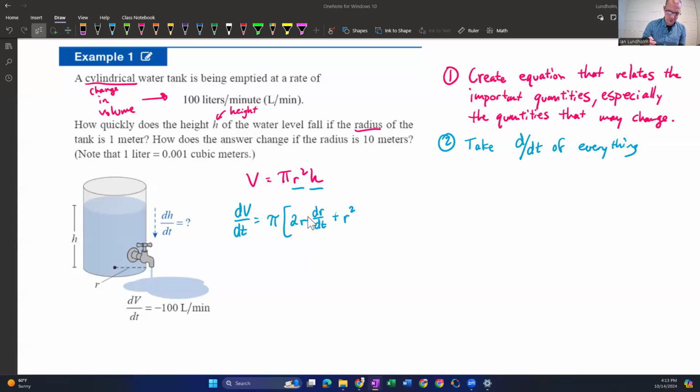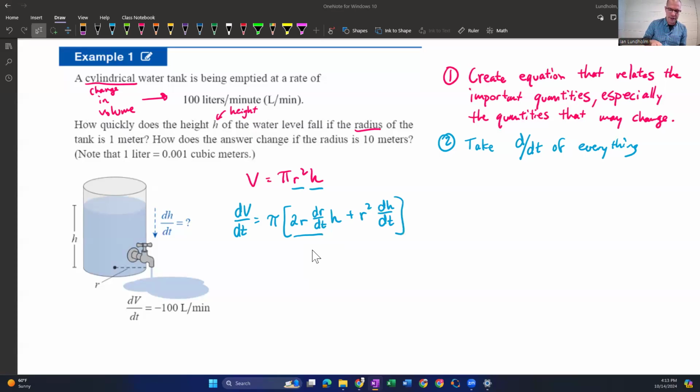What did I do? Oh my goodness. Y'all, I forgot to write h over here. My bad. This is the derivative of the first part, and then times the second function. And then r squared times the derivative of the second function, which in this case is just going to be dh dt.